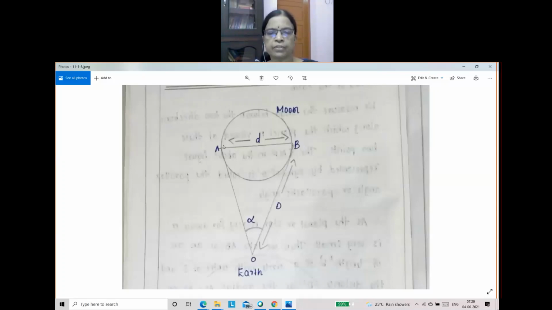O is a point on the surface of the Earth. When we look through a telescope, you get a disc shape image of the moon.